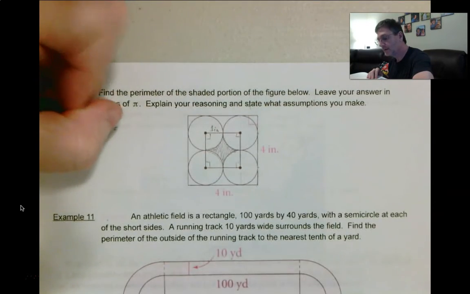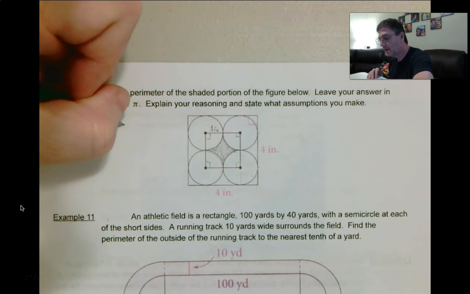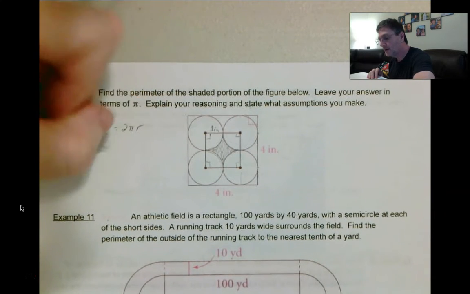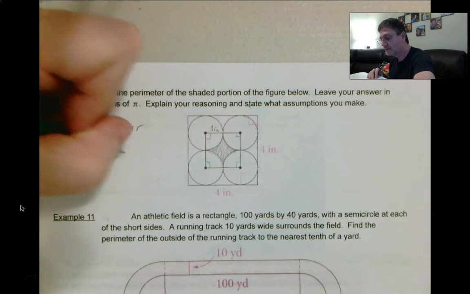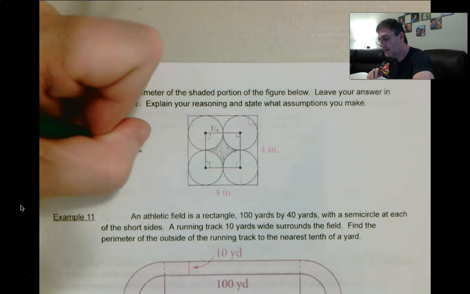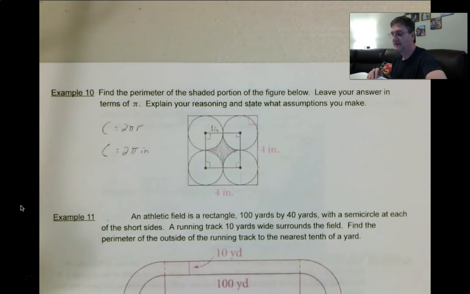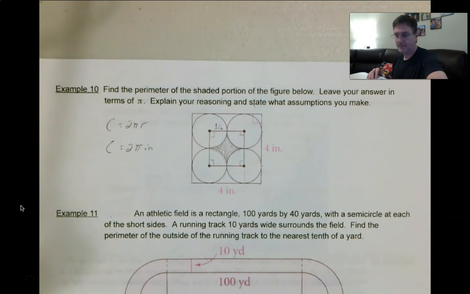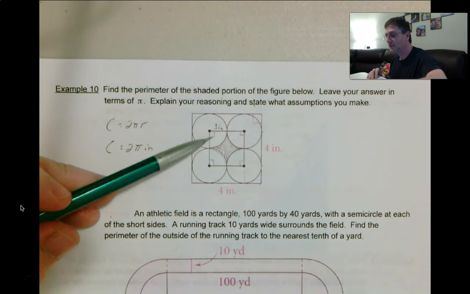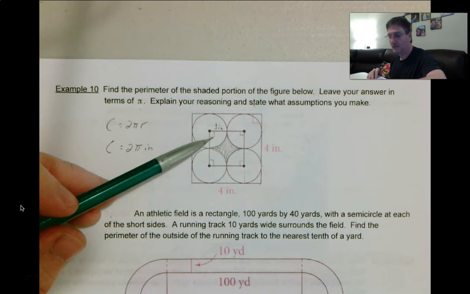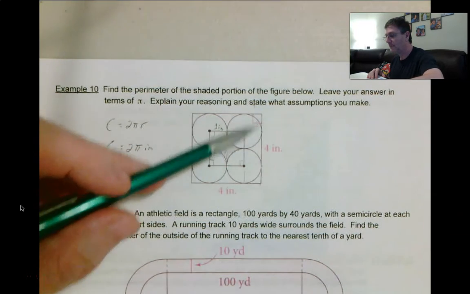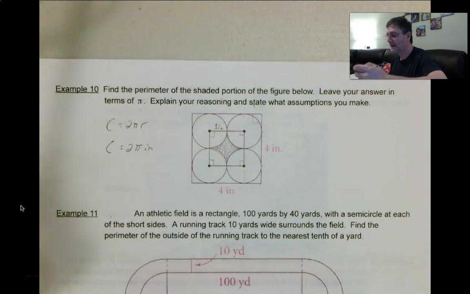So circumference equals 2 pi r. Circumference is equal to 2 pi inches, and it asks to leave it in terms of pi. So there's example 10, 2 pi inches. Okay, so our assumptions were that's a right angle, and that 4 inches referred to the entire side of the square, which I'm almost positive it does.